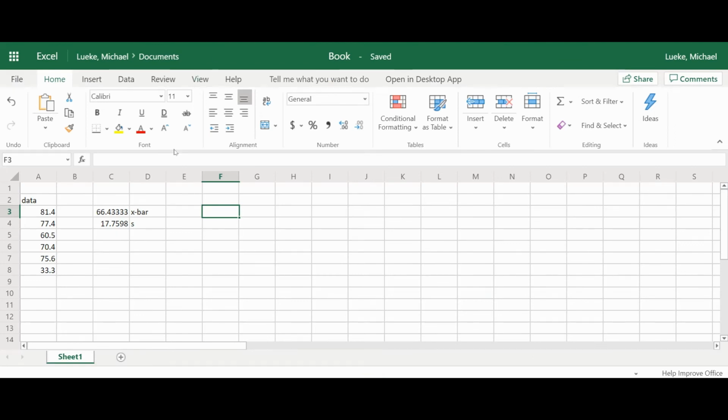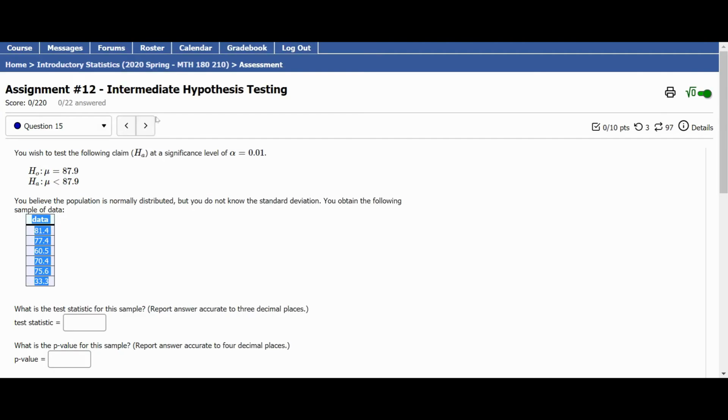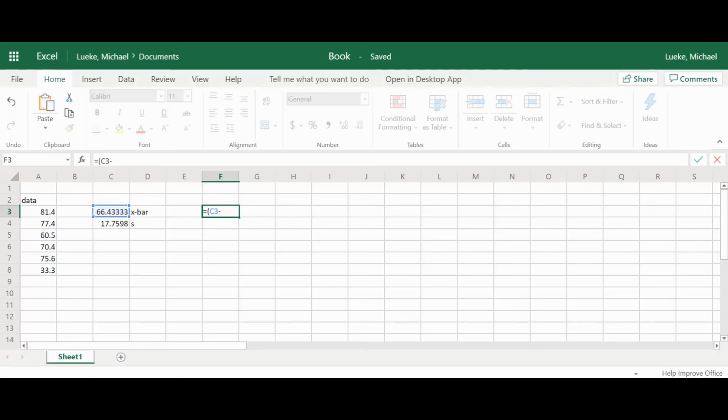So in this case, that's the sample mean here. And in the assignment question, the hypothesis is that my population mean is actually 87.9. So I don't know that this is actually the population mean, but the hypothesis is that that is the population mean, so I'm going to operate under that hypothesis.